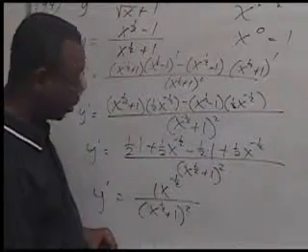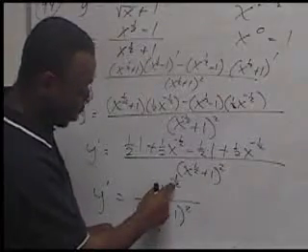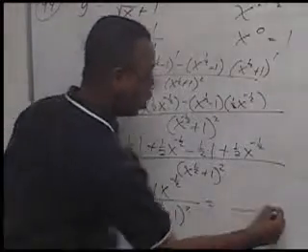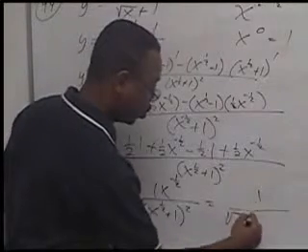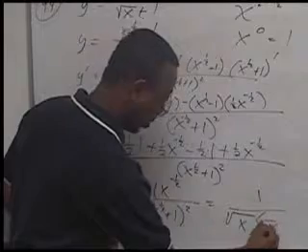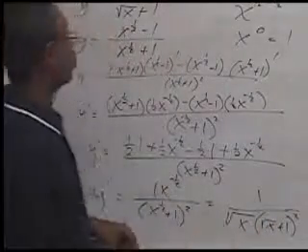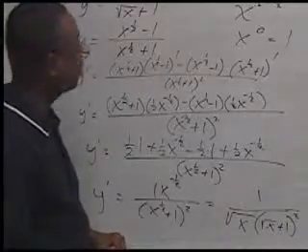Okay, that's about as simplified as we can get it. Let's start removing these negatives and the half powers. So what we'll get is 1 over the square root of x times the square root of x plus 1, all squared. And this is your derivative for y.